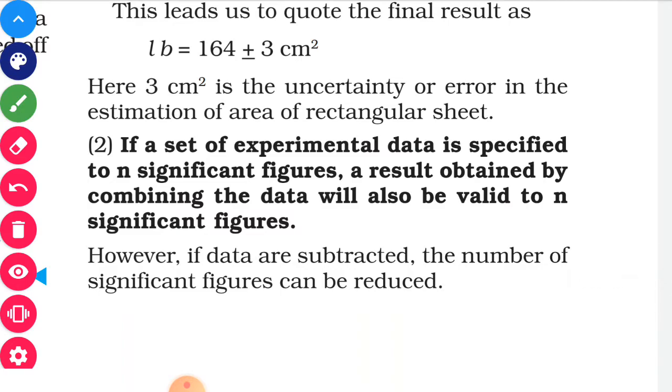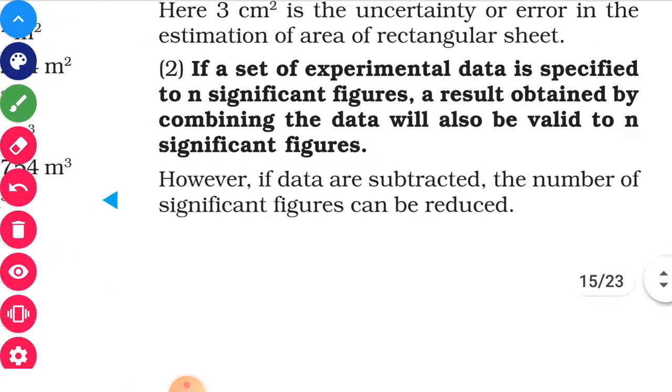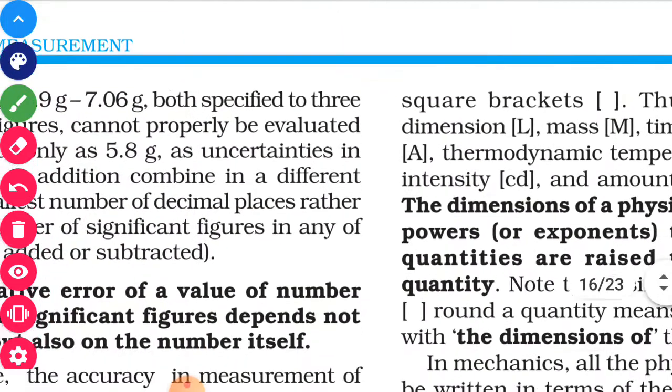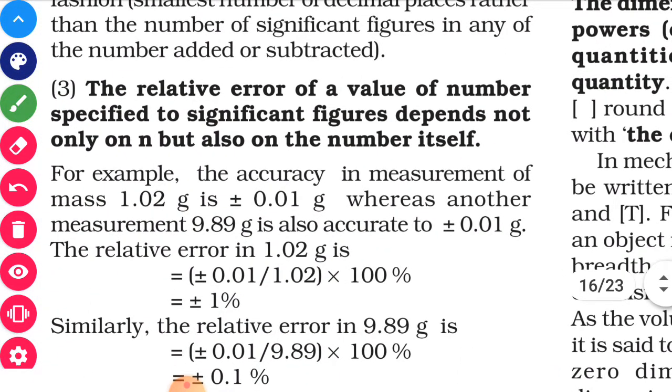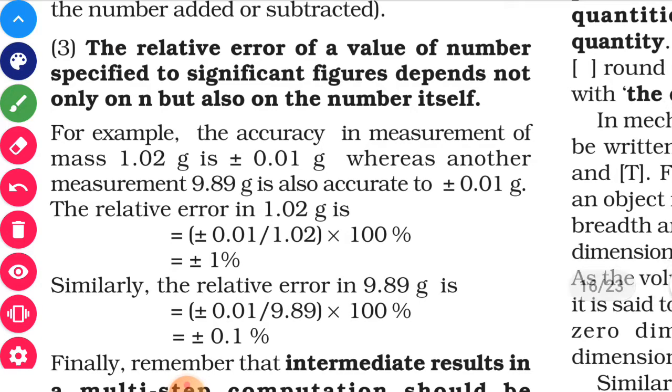If a set of experimental data is specified to n number of significant figures, a result obtained by combining the data will also be valid to n significant figures. So these are the different rules that you just have to remember. At the time of handling experimental data in the laboratory, this can be utilized.